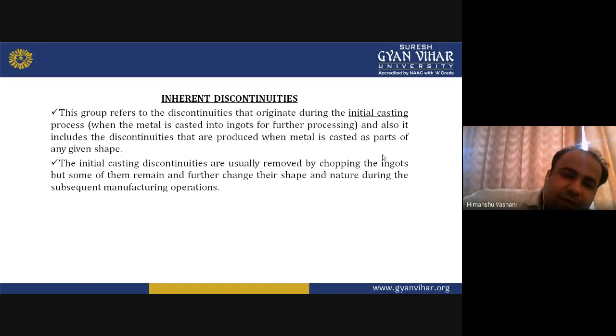When the casting is done, if some discontinuity is there, it can be removed by chopping the ingots, but still due to some issue they remain there.